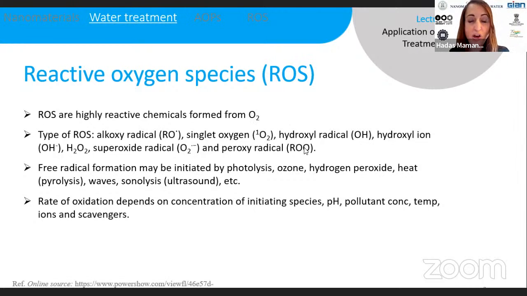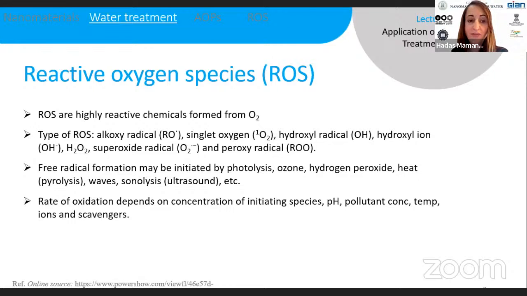So it actually relates to all the oxygen-based reactive species. And these are the ROS. Free radical formation may be initiated by a combination of photolysis, ozone, hydrogen peroxide, sonolysis, and stuff like that.